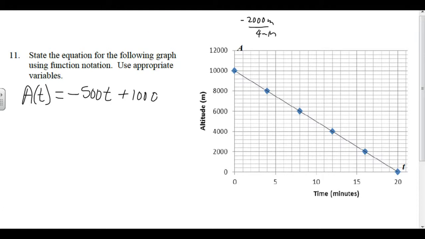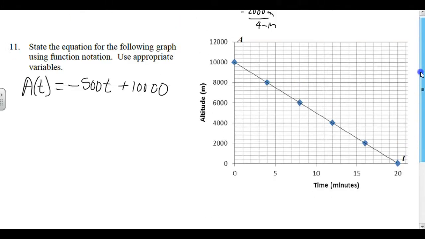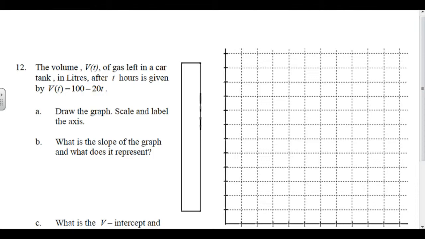Why did that look wrong? I was right in the first place. Plus 10,000. That's all we're doing on that one.